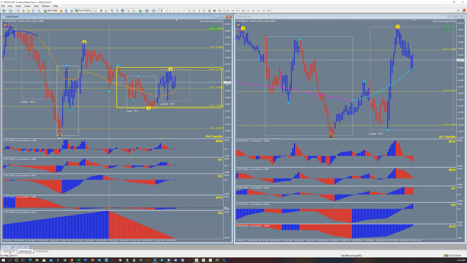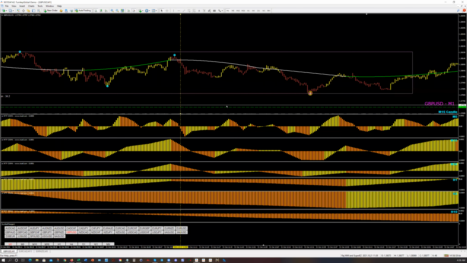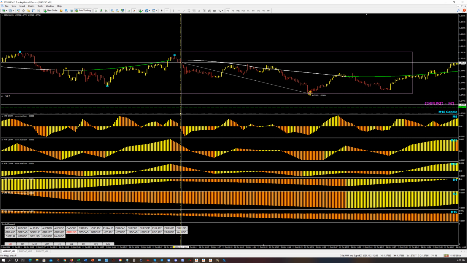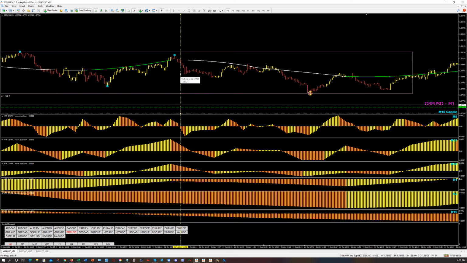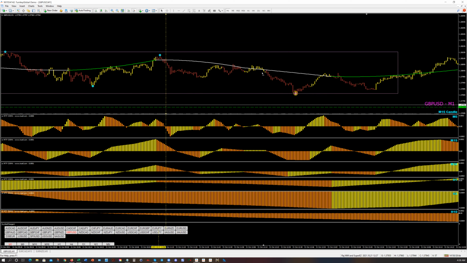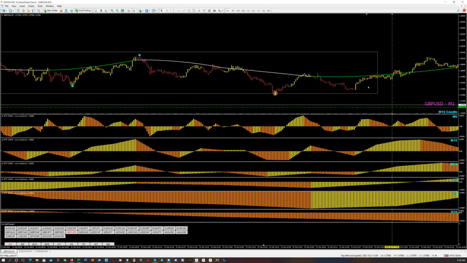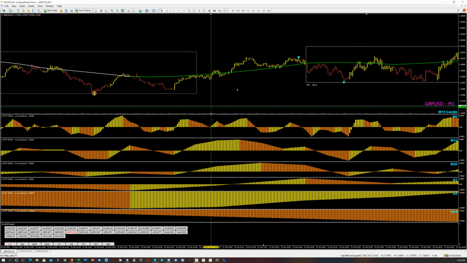So back to the pound dollar. So this would have been a 4-hour swing. My trade would probably have ended over here, 30 pips. And then I would look for another trade. I'm looking for shorts.